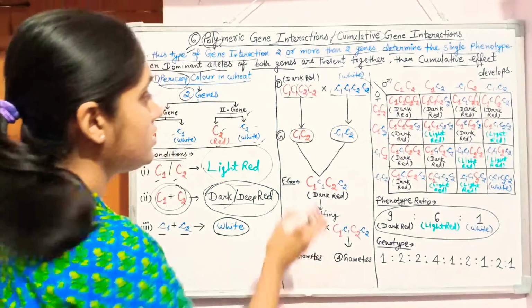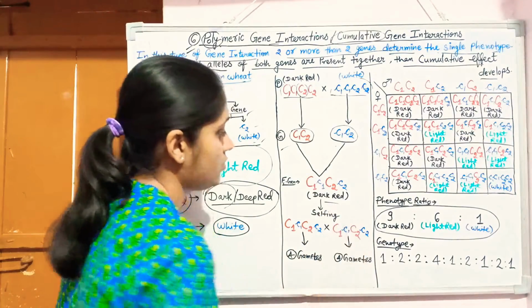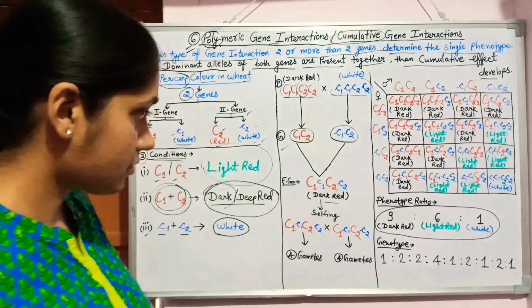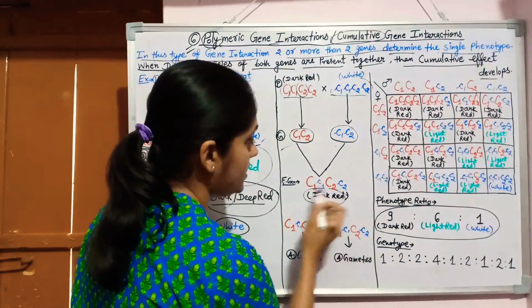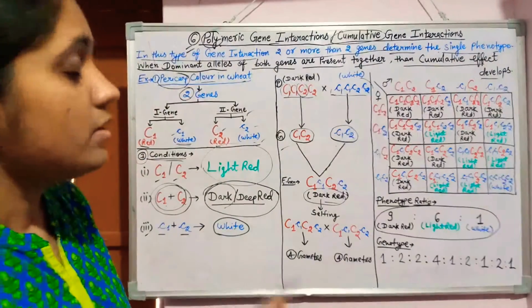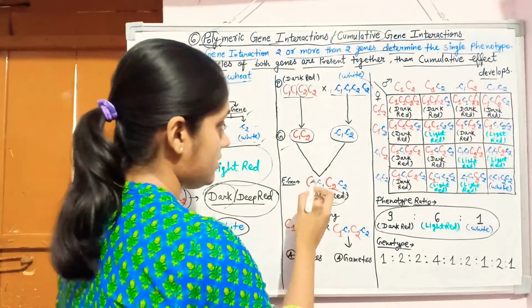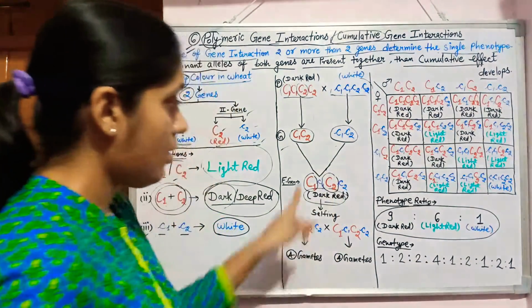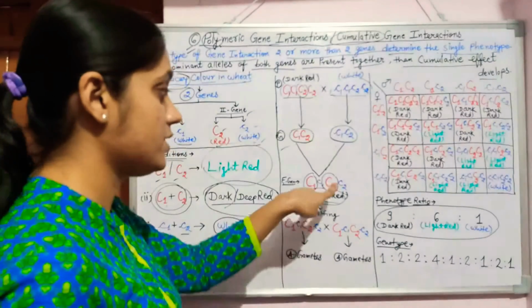Then the gametes form, and in the F1 generation you can see it is heterozygous. Here you can see dark red seed color is produced. Why? Because this C1 and C2, both the dominant alleles of two different genes, are present together.